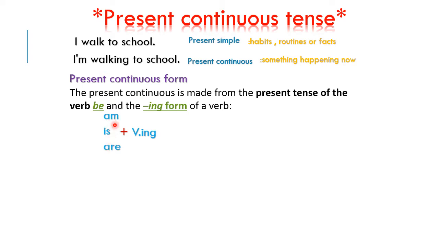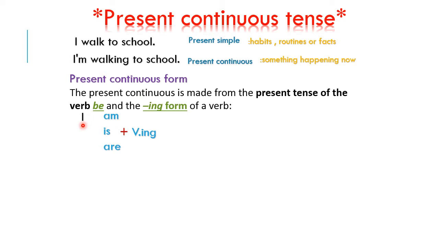So miss, when do we use am and when do we use is and when do we use are? It depends on what? Of course, it depends on the subject of the sentence. If the subject of the sentence is I, so I will use am. You know, of course, that we start our sentence in English with the subject.